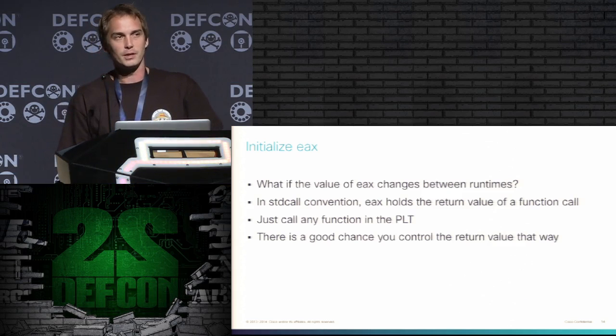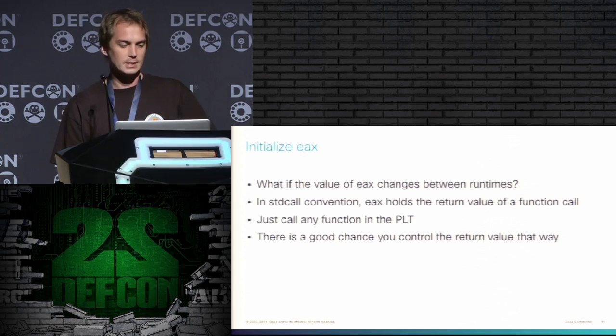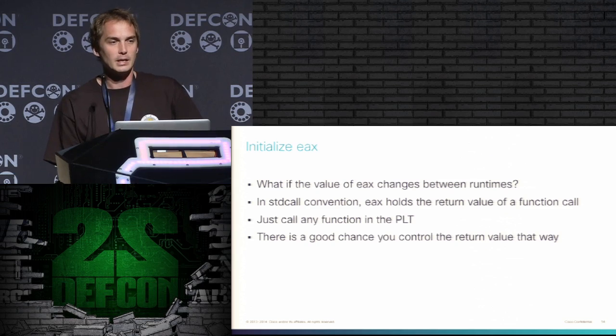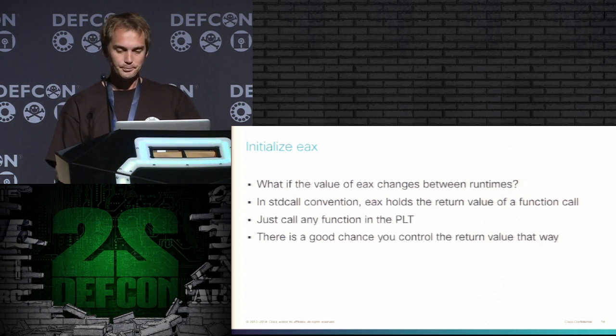So one nice trick is that if you control EAX, you can more or less get a value you want into there by doing just a random function call in the PLT. Since in the Linux stdcall ABI, EAX holds the return value of a function call, if you do any random function call and make it fail or succeed, you can control the initial value you've got in there.